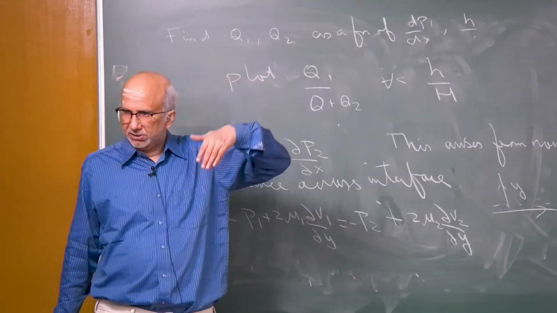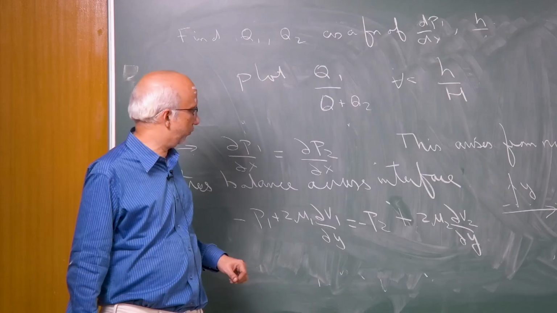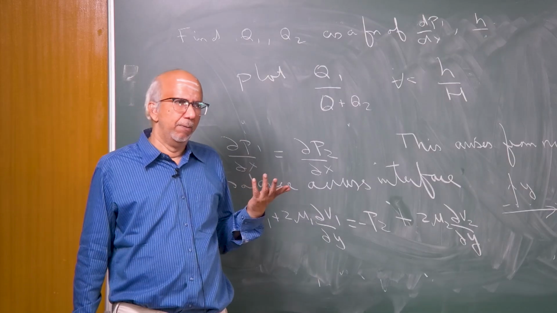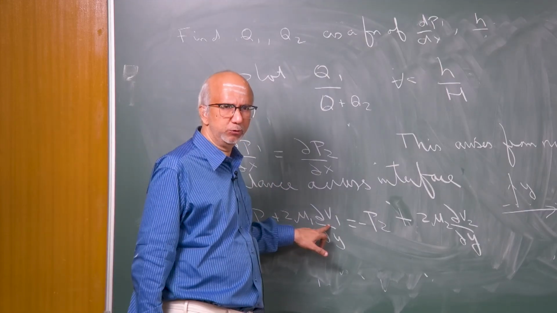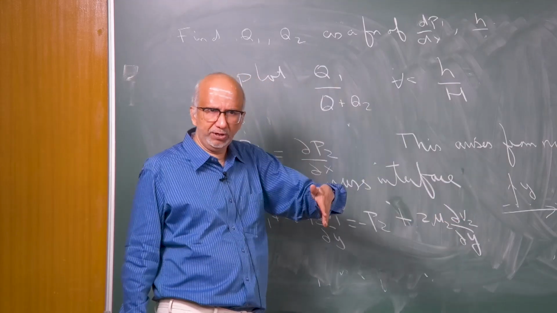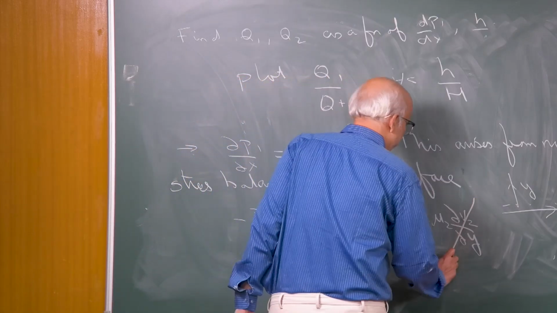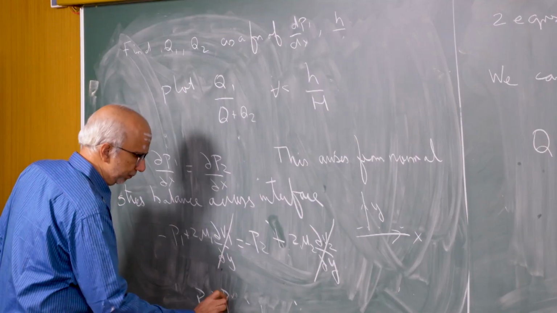We are looking at the y direction and the velocity component also in the y direction. We will again derive this. My point is V1 is 0 everywhere, so dV1 by dy is 0, V2 is 0 everywhere, again no vertical component of velocity, so dV2 by dy is 0. This goes to 0, that goes to 0, and what remains is P1 equals P2.